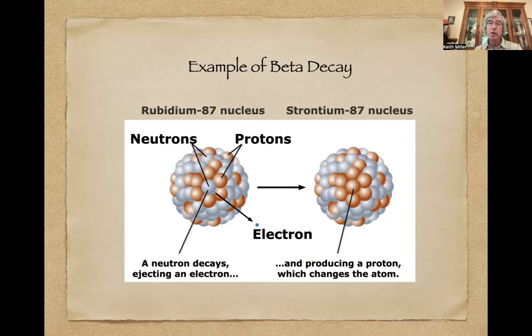It undergoes decay, and in the process, it ejects an electron. So it was originally a neutron, it ejects an electron, and that makes it positive. So it changes from a neutron to a proton, and that changes it from rubidium to strontium. So that's an example of beta decay.